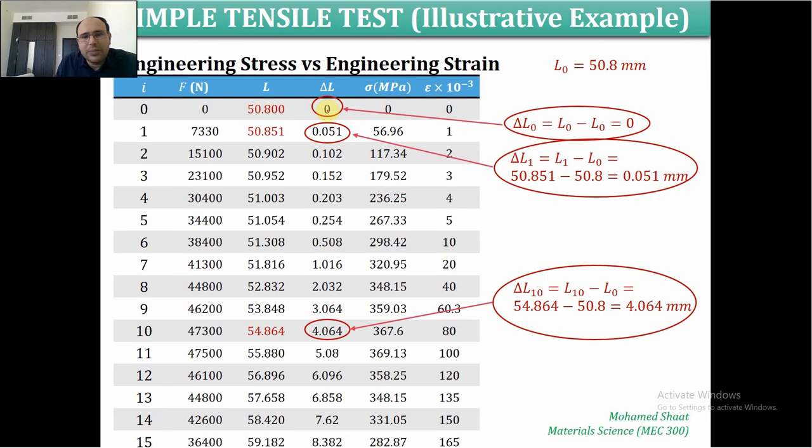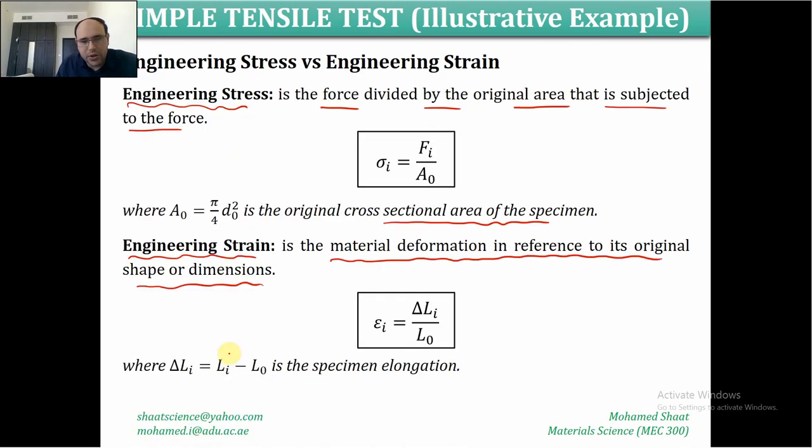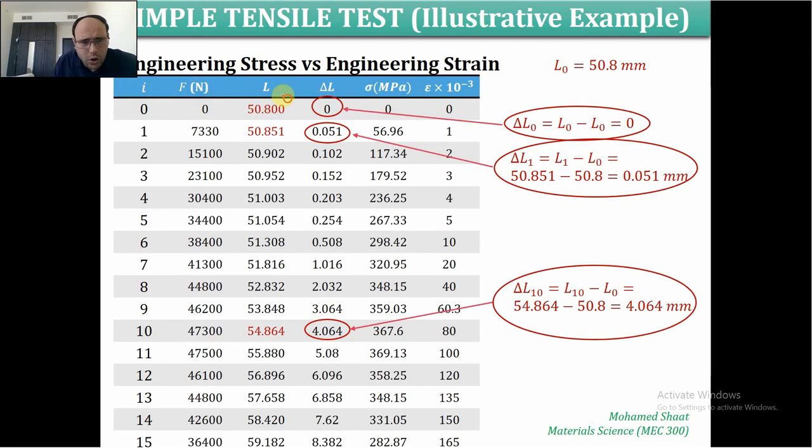This elongation can be simply calculated as delta L, as defined here, equal the instantaneous length, the length at every instant, minus the original length. The original length, you're simply gonna find it in the first value in the column. At the first instant, the length is 50.8 minus 50.8, the original length given to us.